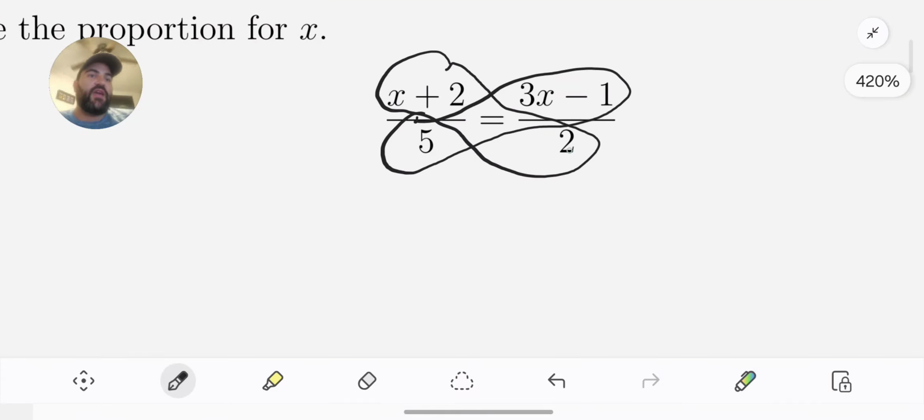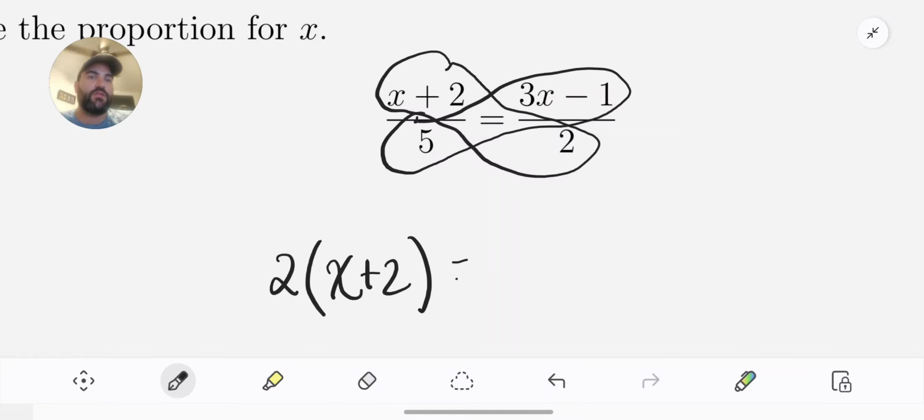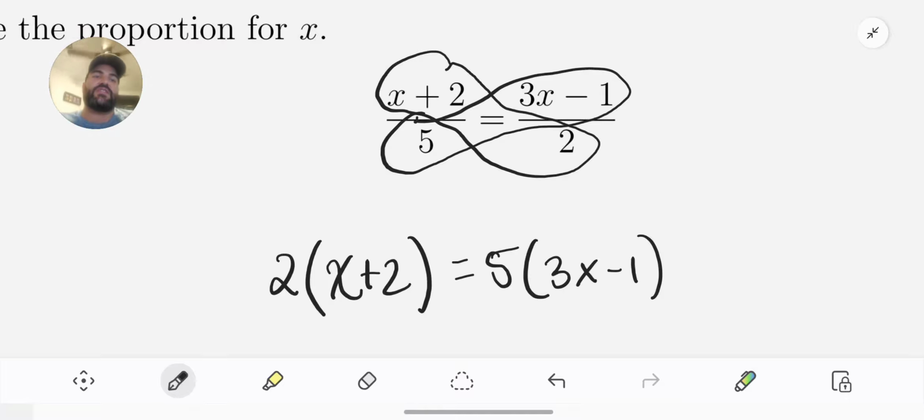So we have 2 times x plus 2. You always want to put the single number first, otherwise it would look weird. So 2 times x plus 2 equals 5 times 3x minus 1. There you go. With my experience, you just need to know to do the butterfly. After that, students usually know how to do this.